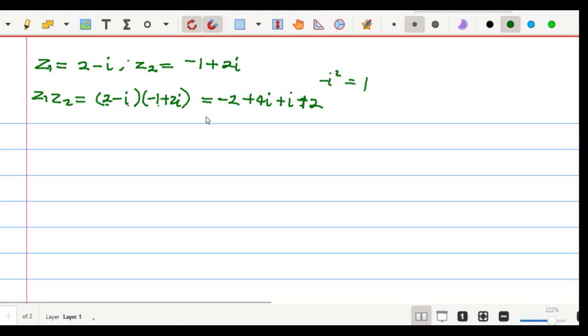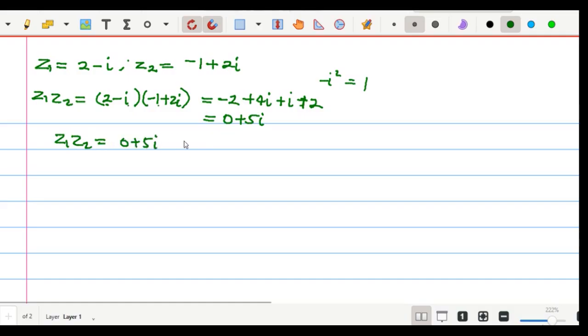So now you add the real parts, minus 2 plus 2 is going to give you 0, and plus 5i. So z1 z2 is going to give you 0 plus 5i.